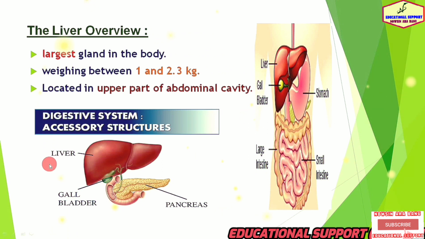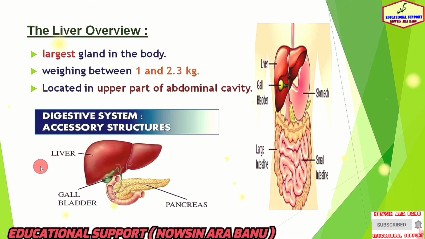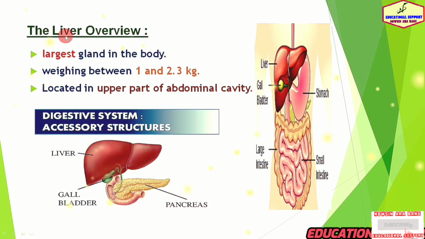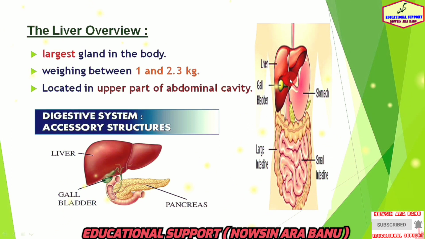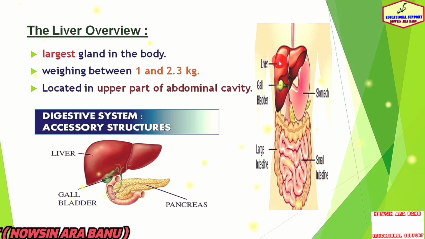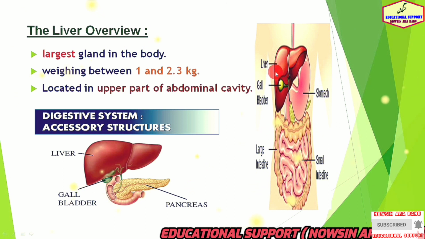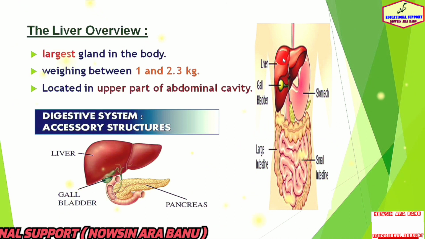Now I would like to look at our next topic, that is the overview of the liver. The lobules of the liver, or hepatic lobules, are small divisions of the liver defined at the histological scale.